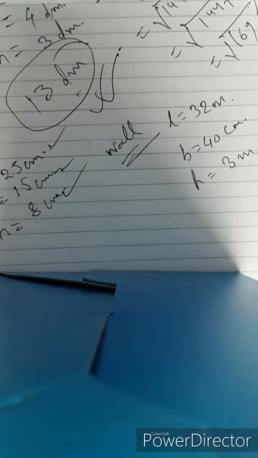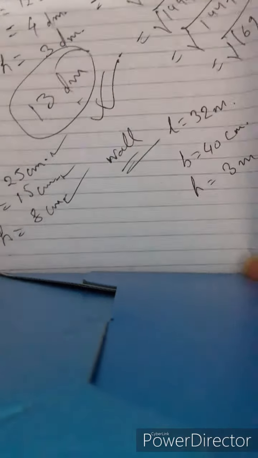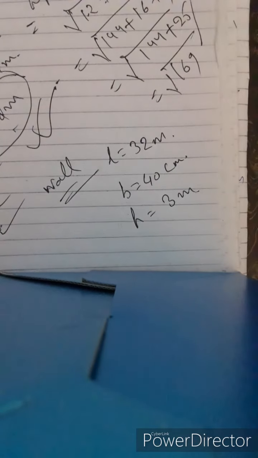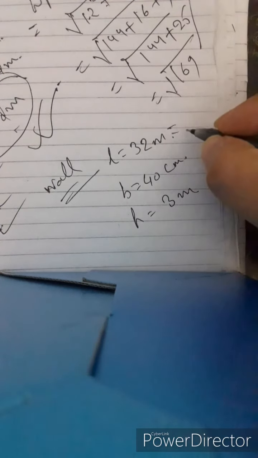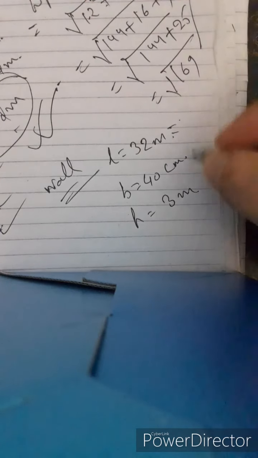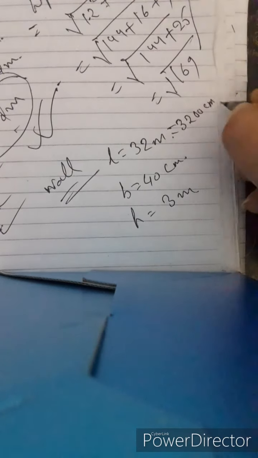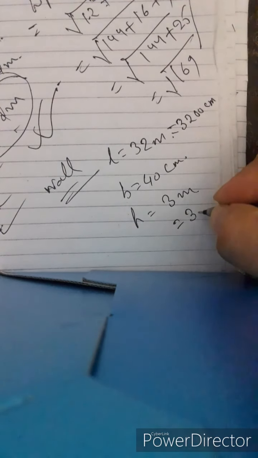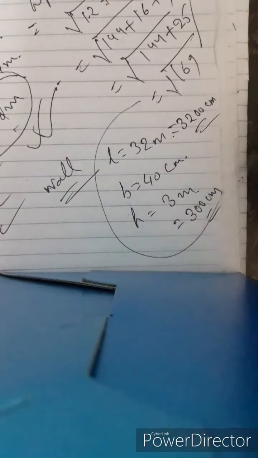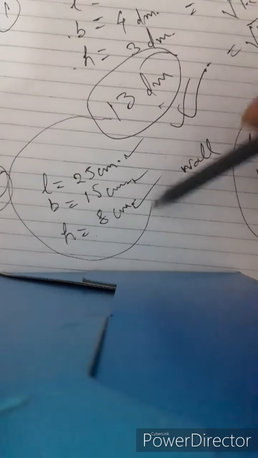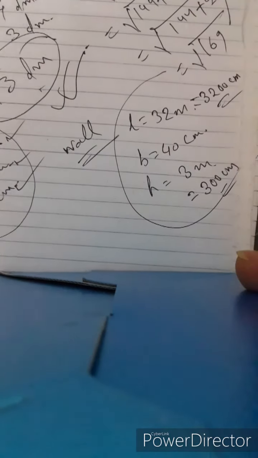All right, so we can write 32 meters in centimeters as 3200 centimeters, and 3 meters as 300 centimeters. All right, in centimeters we'll write. The wall has these dimensions. We have to find how many bricks of these dimensions are required to build a wall having these dimensions.